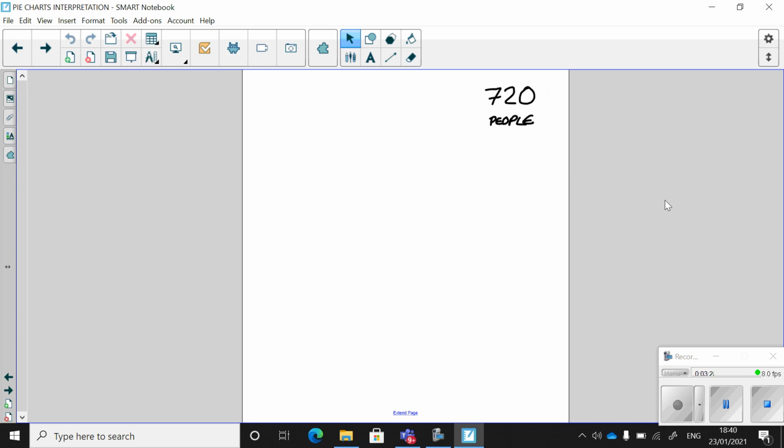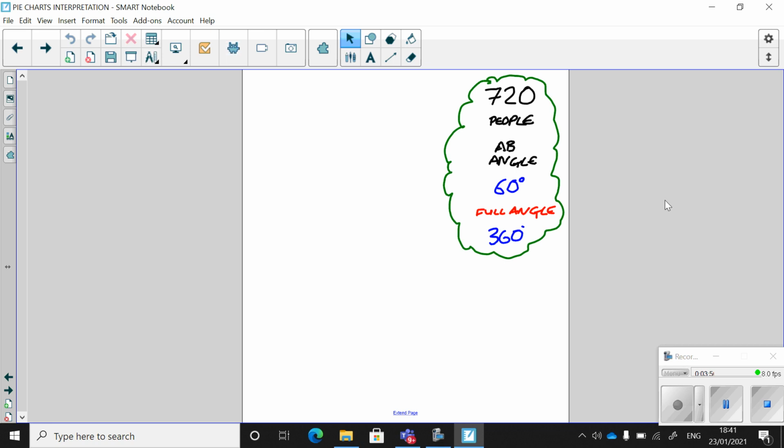That's the 720 people. That's the angle of interest, the AB angle we're calling it, the blood type. Just write down what you think makes sense to you. I didn't want to write down AB blood type here because I knew what the scenario was. Right, what's the full circle angle? It's 360. Okay, that looks like all the information I need here.